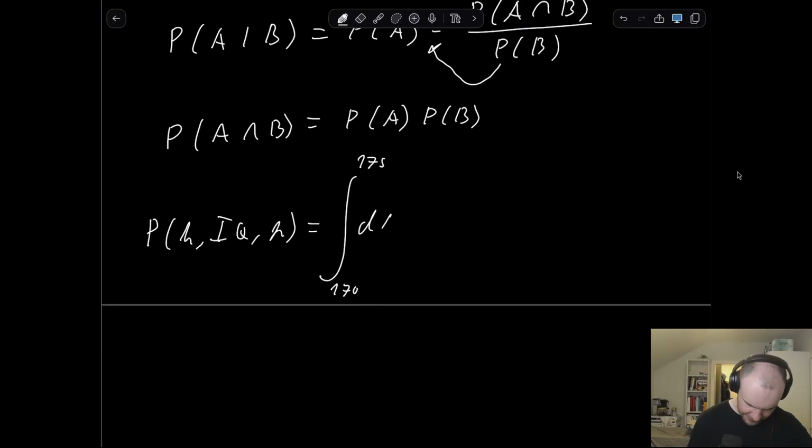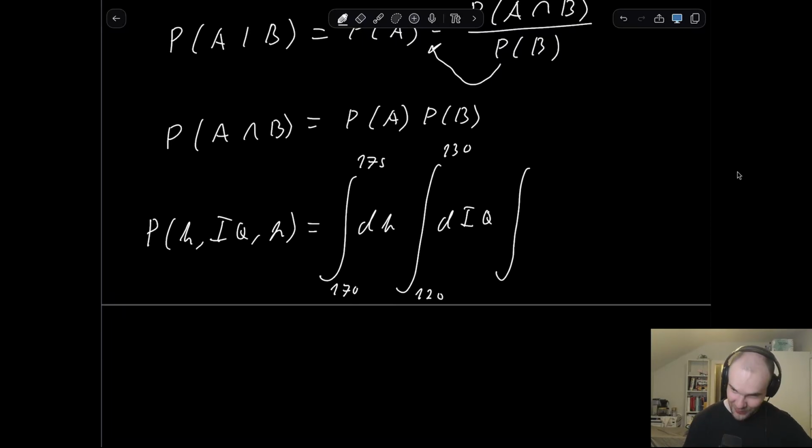And that is dH, and we multiply that by the integral over IQ, which was 120 to 130. So you get the dIQ. That seems pretty stupid. And then we have blood pressure, which was from 70 to 79. And of course, we need to multiply by the actual probabilities, or the probability density function.